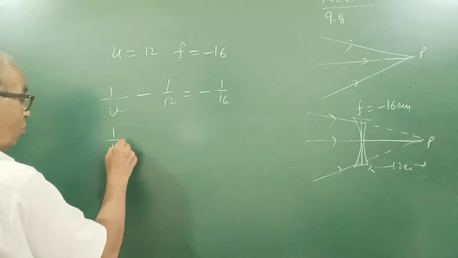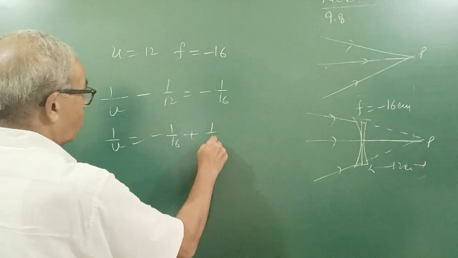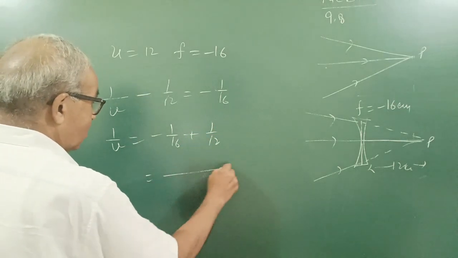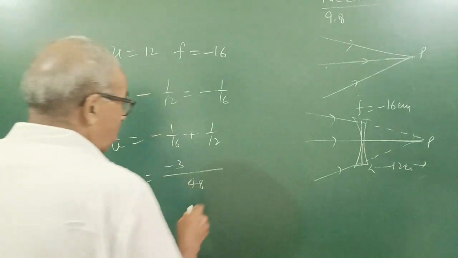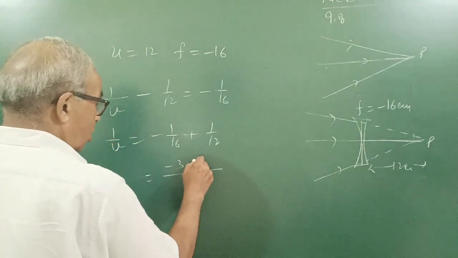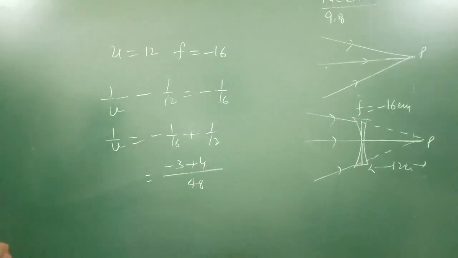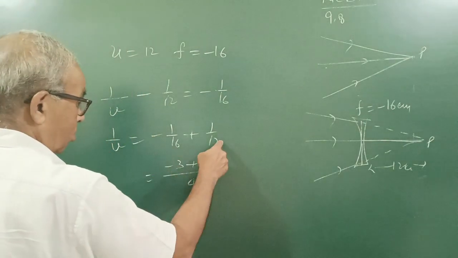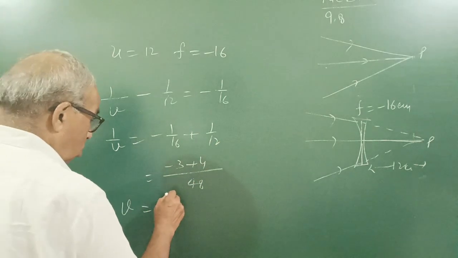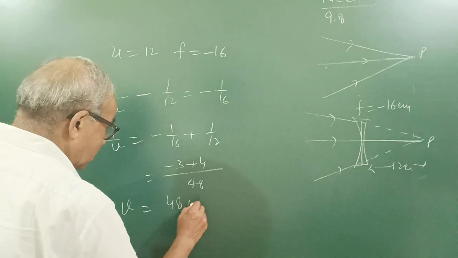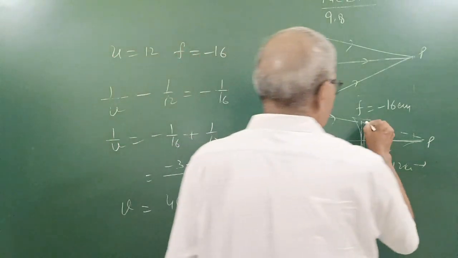So 1 upon v equals minus 1 upon 16 plus 1 upon 12. LCM 48, minus 3 plus 4, so v will come out 48 centimeter, because a plus 1 remains, which means it goes farther from here.